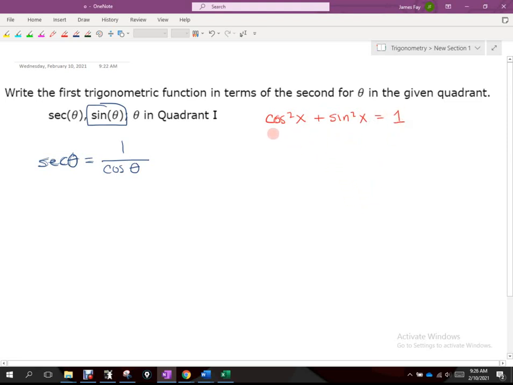If I solve for cosine, I get cosine squared x equals 1 minus sine squared x, and then cosine x is equal to plus or minus root 1 minus sine squared x. Is that okay?